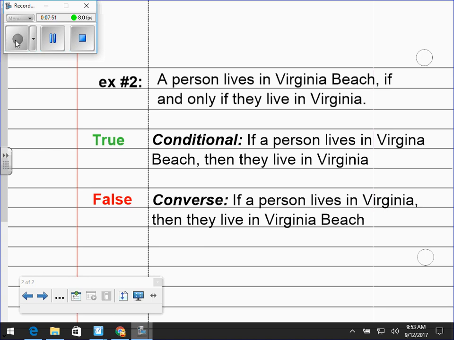So what can we say about the biconditional? The biconditional is false. So we can say, therefore, the biconditional is false. Remember, in order for it to be true, both the conditional and the converse have to be true. All right, and that's all your notes.